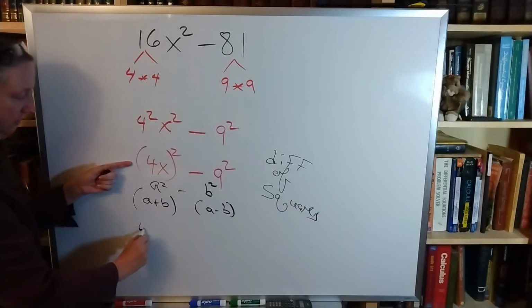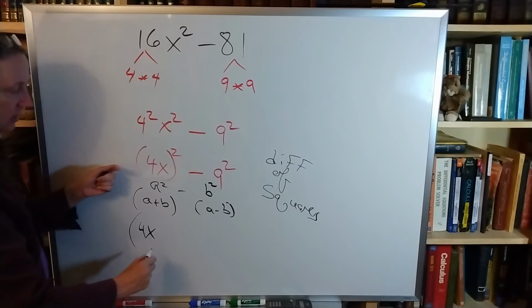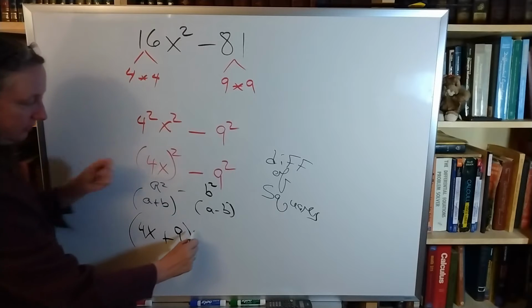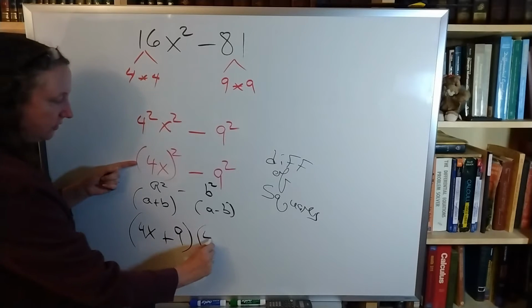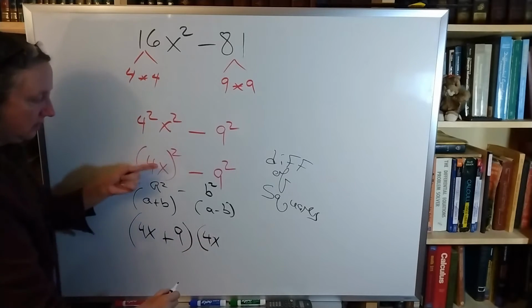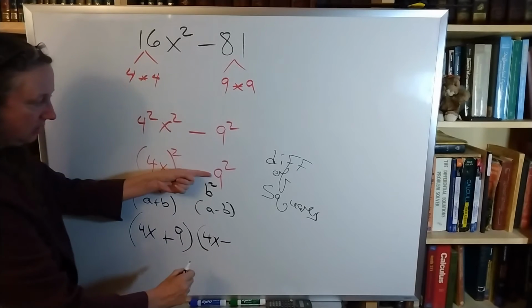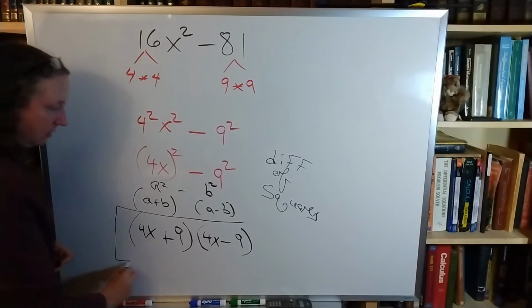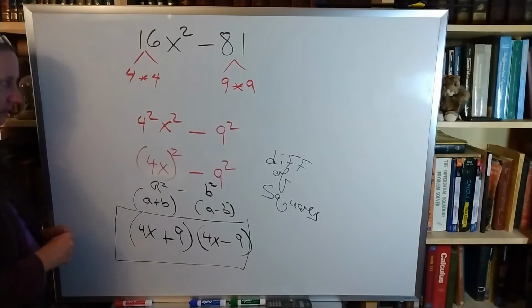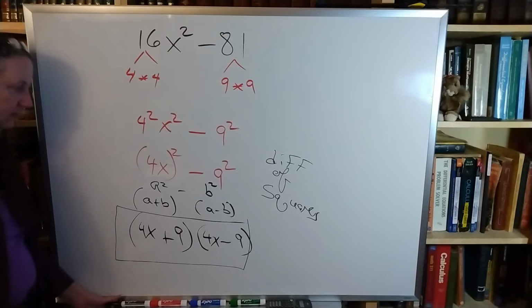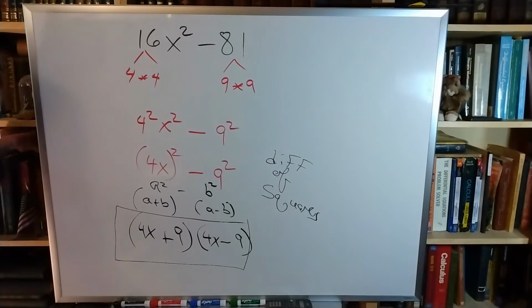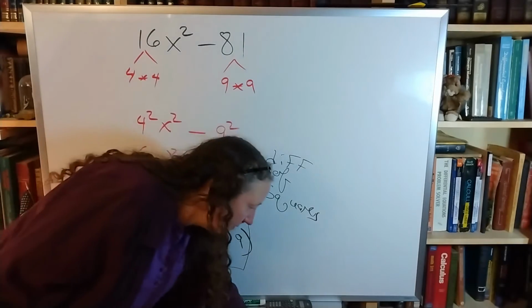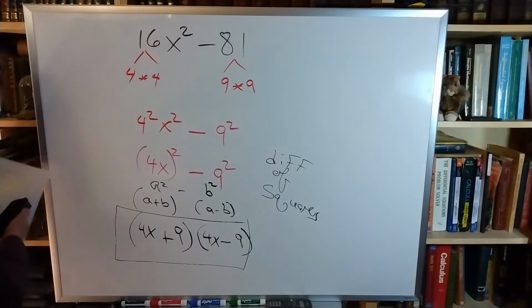So I have 4x plus 9 times 4x minus 9. And there is my answer. The one special product that you want to memorize. That was question number 7.